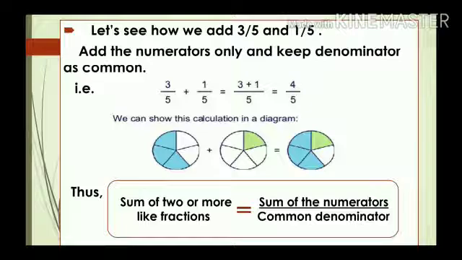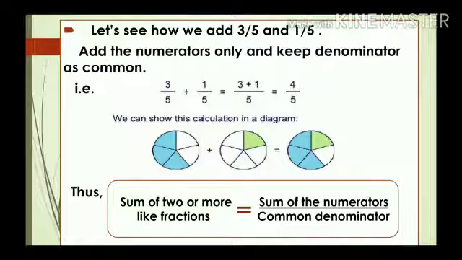We can show this calculation in a diagram. Here in the first figure you can see there are 5 parts, and out of 5, 3 parts are shaded. And in the second figure there are 5 parts again, but only one part is shaded.